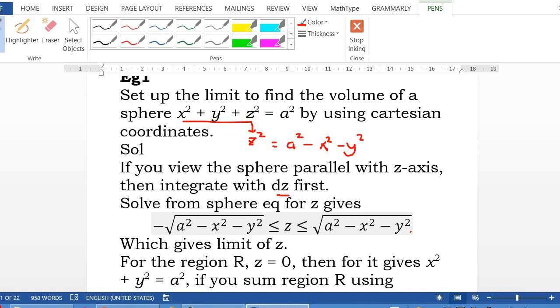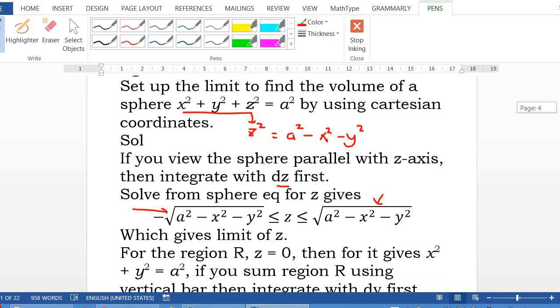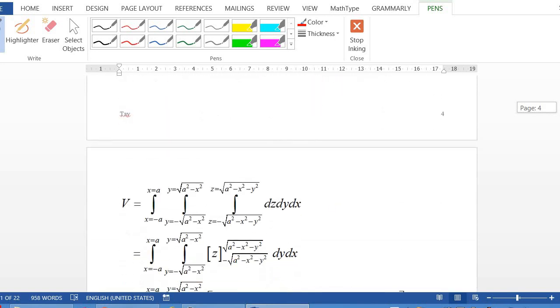Imagine your sphere, if you cut it at z equal to 0, you have the upper surface, which is given by the upper hemisphere, and the lower surface, which is given by the lower hemisphere. So this is the limit for z, and we put it here.